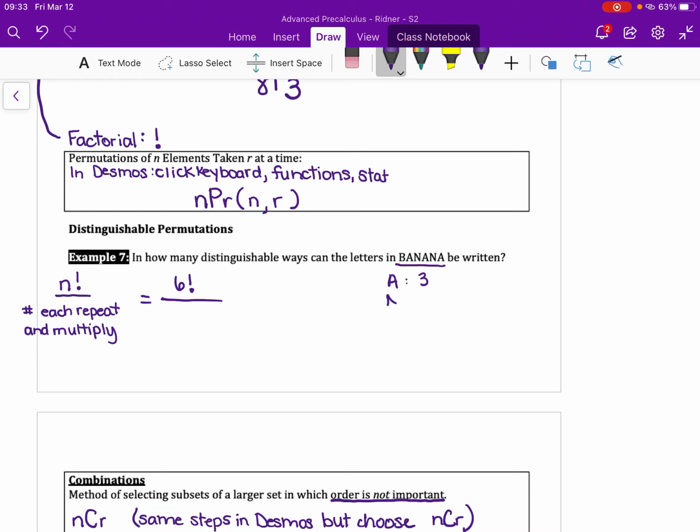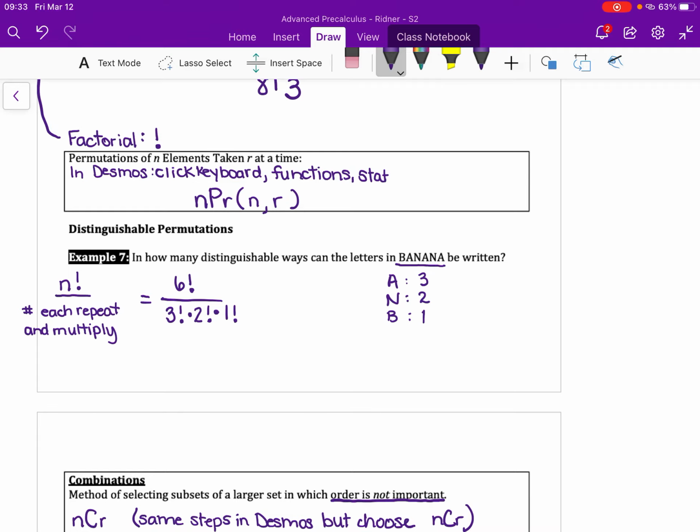Notice that N is repeated 2 times, and then B is just once, okay? So it's divided by 3 factorial times 2 factorial. Then if you wanted to, technically it's divided by 1 factorial too, but 1 factorial is 1. Anything multiplied by 1 doesn't change, so not a big deal, right?